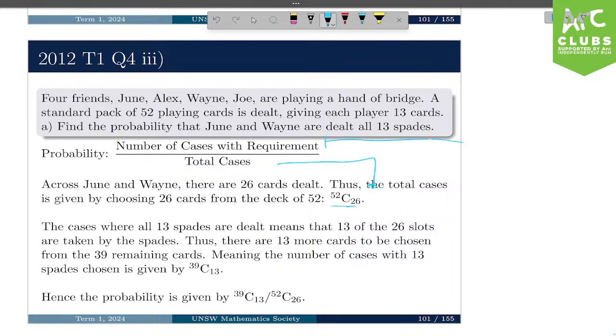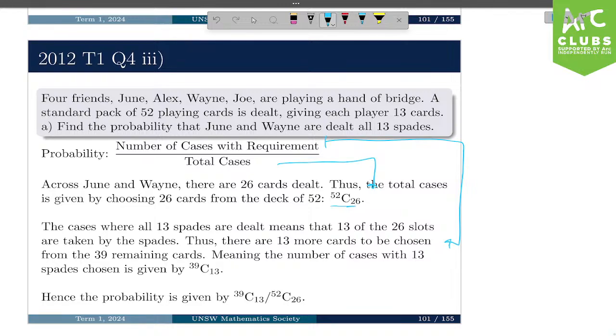Now to consider the number of cases with this requirement, out of the 26 cards that June and Wayne possess together, 13 of them are already pre-selected. They're fixed. They're the 13 spades. So that means there's only 13 cards left which they can get, and there's 39 remaining cards in the deck.